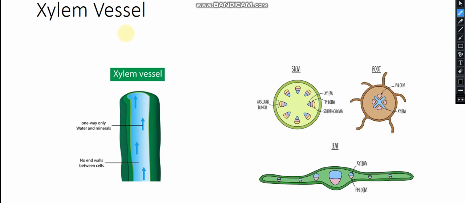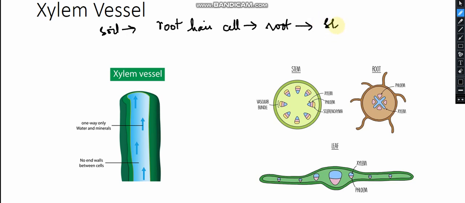Now, since we have reached the xylem vessel, we know that the path is from soil to the root hair cell, then it enters the root, and then it moves towards the stem area. We know that a stem is made up of vascular bundle, specifically xylem and phloem. Now I'll very quickly discuss xylem only.